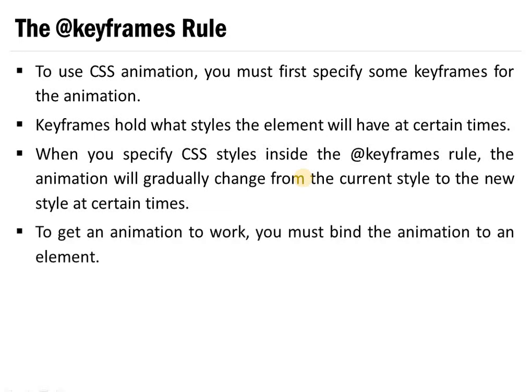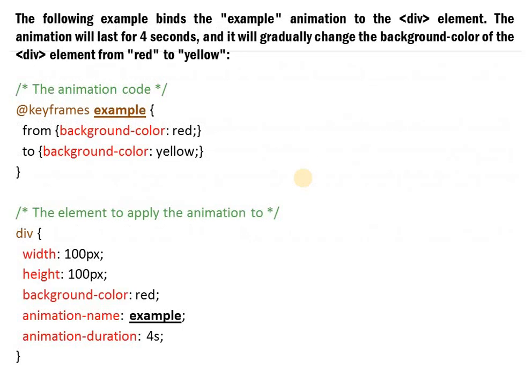So to get an animation to work, you must bind the animation to an element, and for this, these keyframes will help you. Now this is a very simple example in which I have taken one div tag. Just assume, because I have not included the HTML code, that you have one HTML file in which I have implemented one div tag.